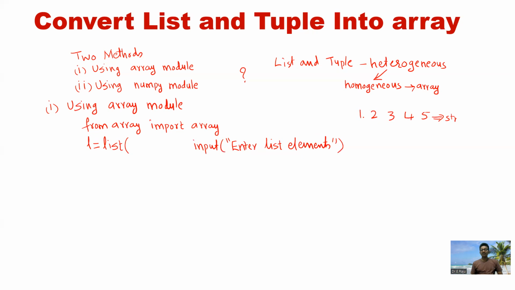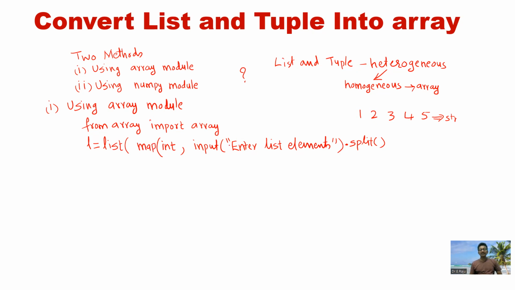So then we need to split this into individual data members. That's why we call the split function here, which splits this into individual data members. These data members are still in the form of strings, so you need to convert them into integers by mapping them using a map function.